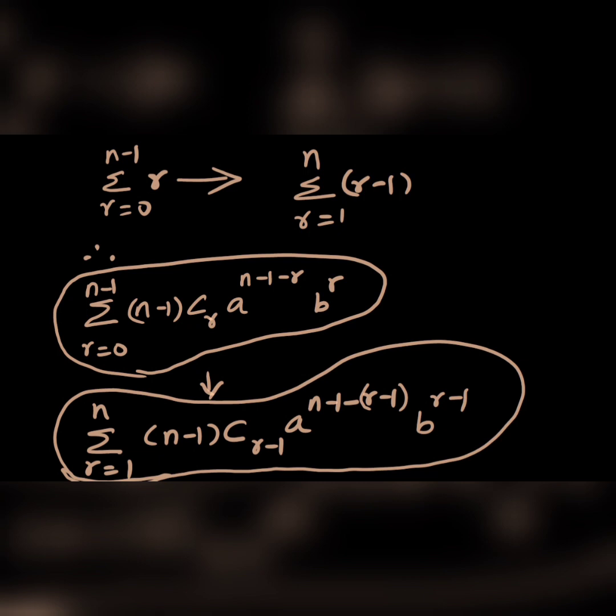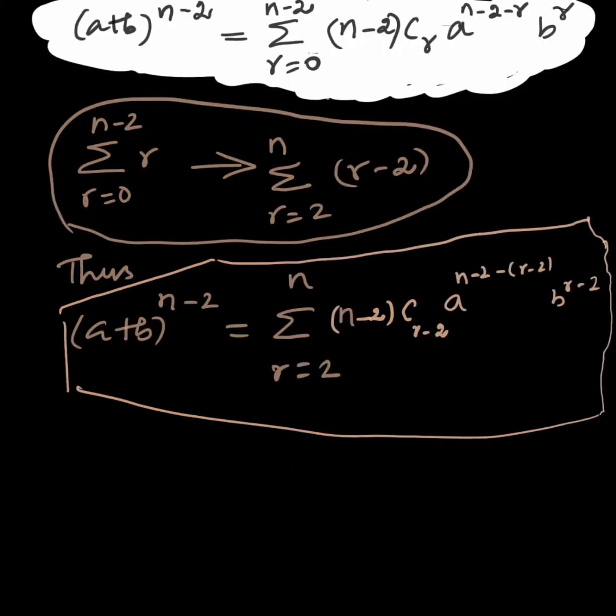So we can write the previous term as sigma r is 1 to n, (n minus 1)C(r minus 1) a^(n minus 1 minus (r minus 1)) b^(r minus 1). We need this alternate summation format for (a plus b) to the power n minus 1 because the simplification steps in the mean and variance of the binomial random variable need these steps.